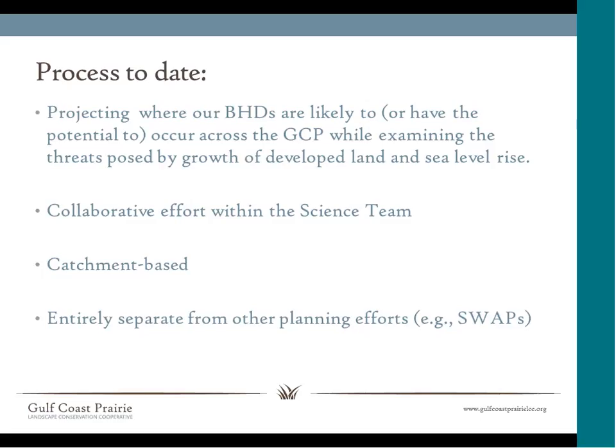It's been a collaborative effort within the science team for over a year now. These products are catchment-based, and the process and the products have been entirely separate from other planning efforts, such as state wildlife action plans or the Texas Conservation Strategy.